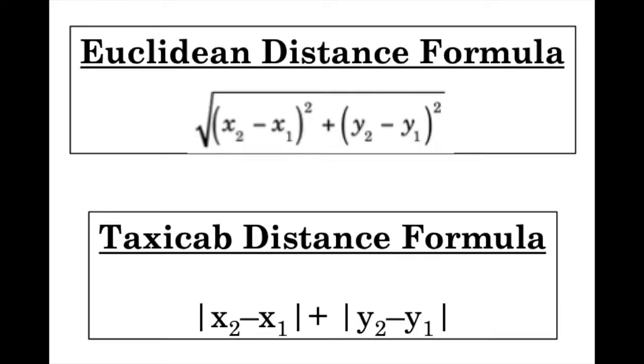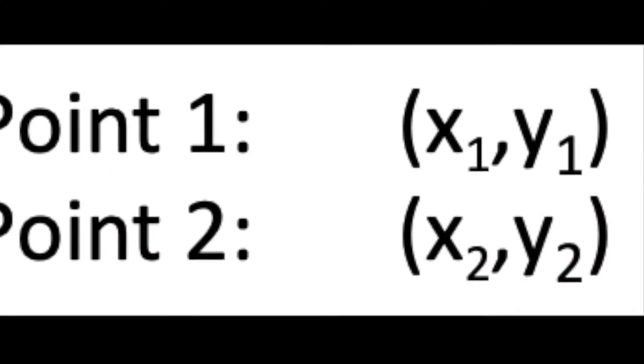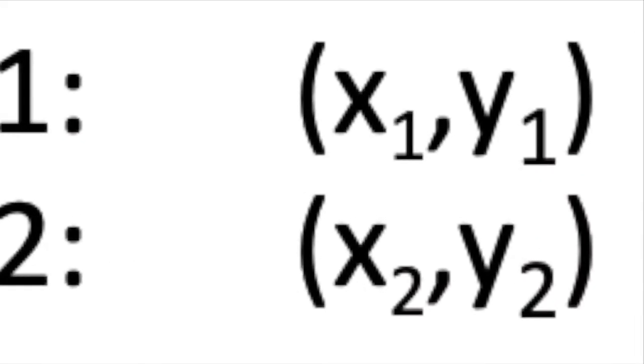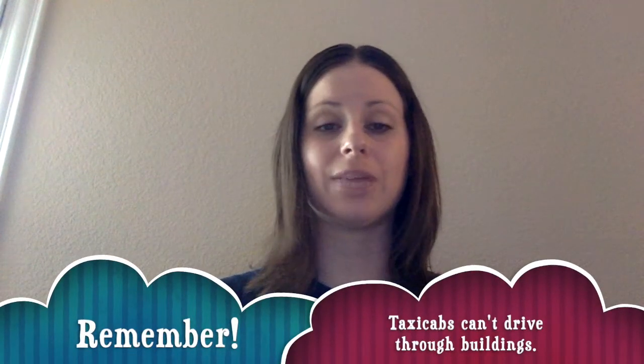Since we're talking about distance, let's compare our traditional Euclidean formula for distance to the taxicab formula for distance. The Euclidean formula is derived using the Pythagorean theorem and 2 general points, x sub 1, y sub 1, and x sub 2, y sub 2. In taxicab geometry, we can't create a right triangle in which to apply the Pythagorean theorem.